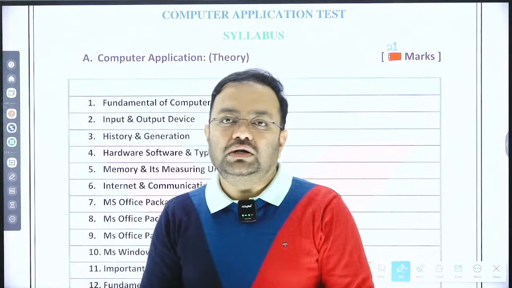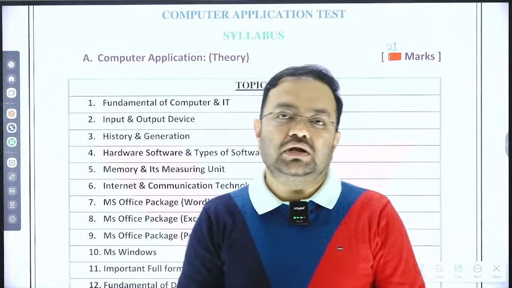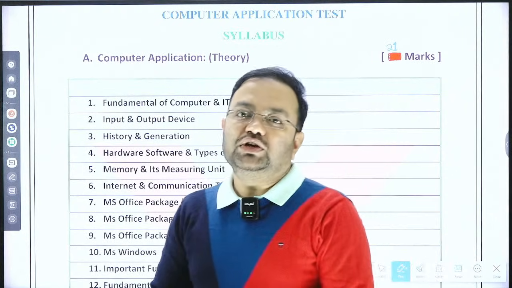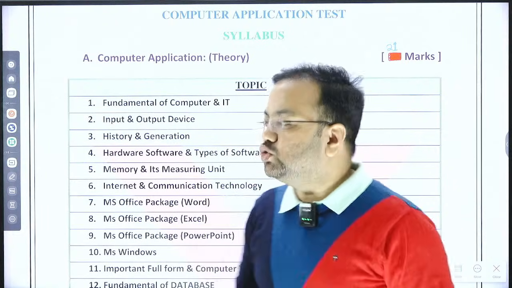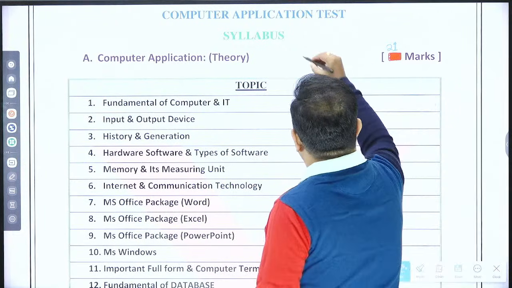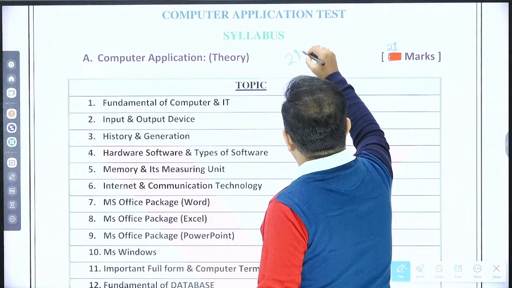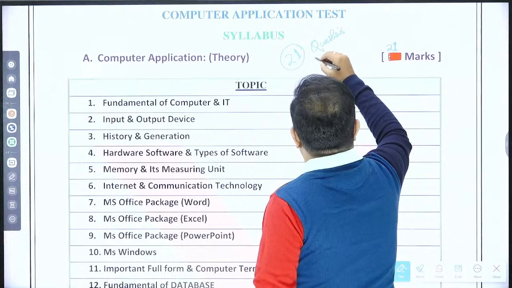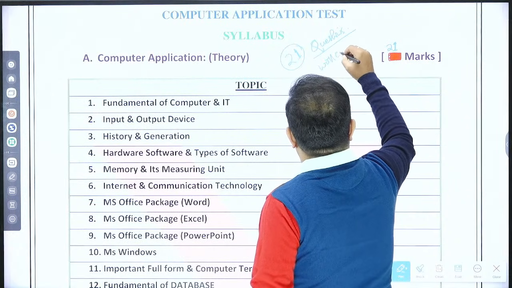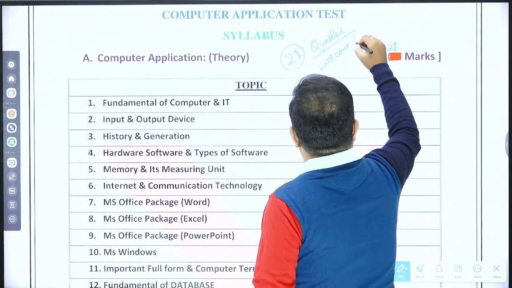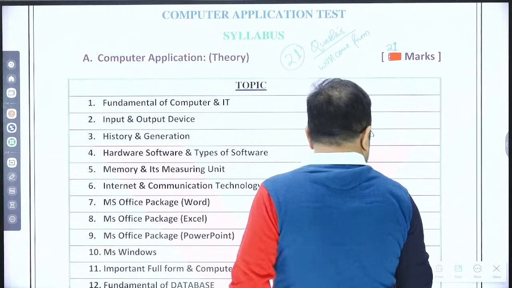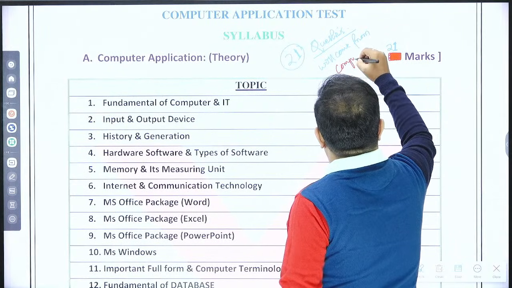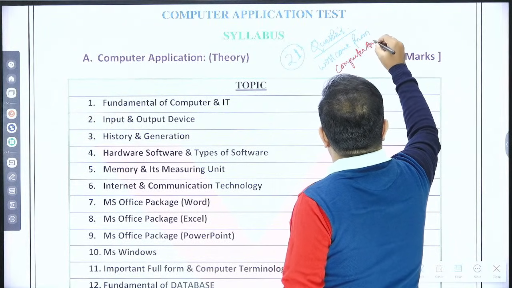As you know the pattern of the CGL preliminary examinations, out of 150 questions, 21 questions will come from the computer awareness part.